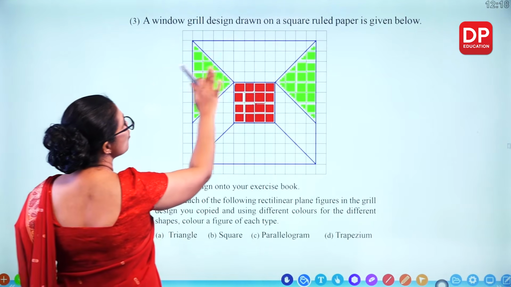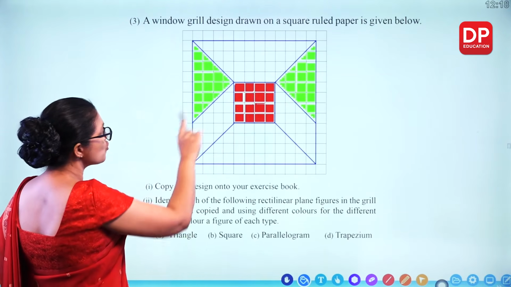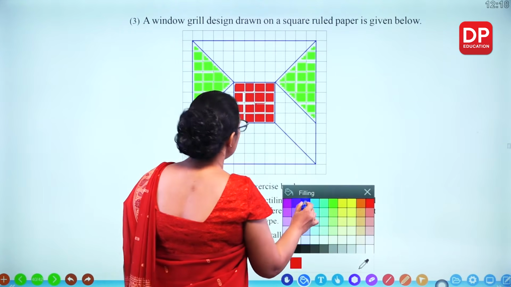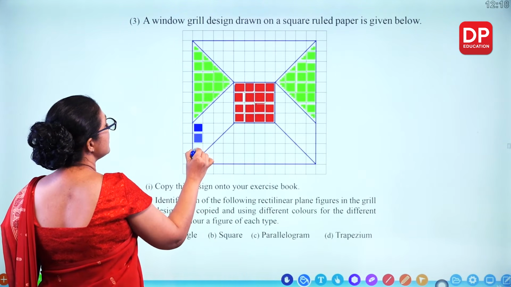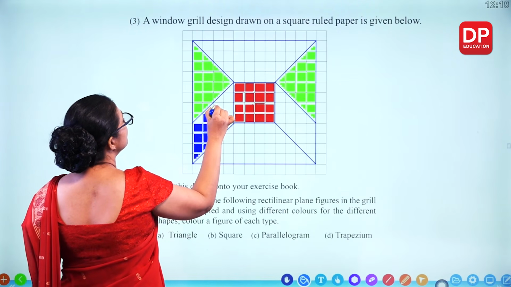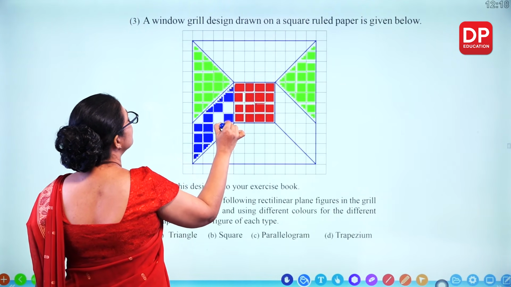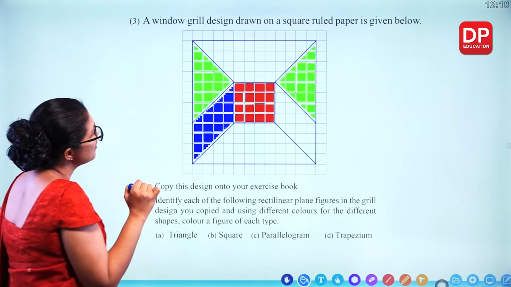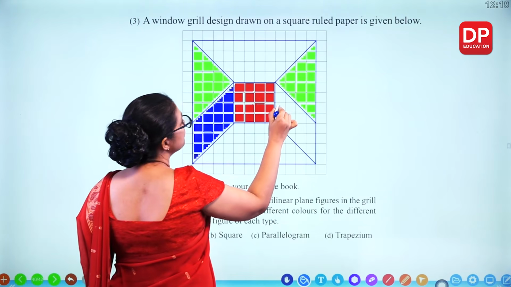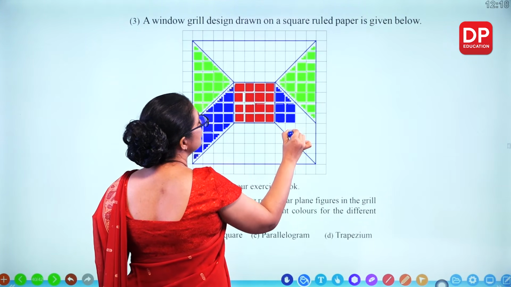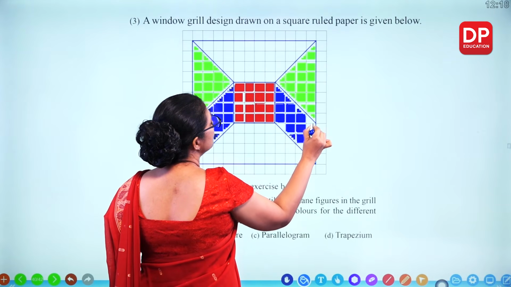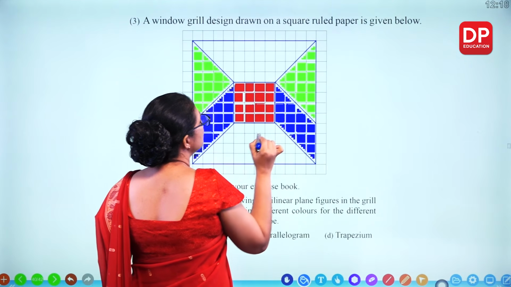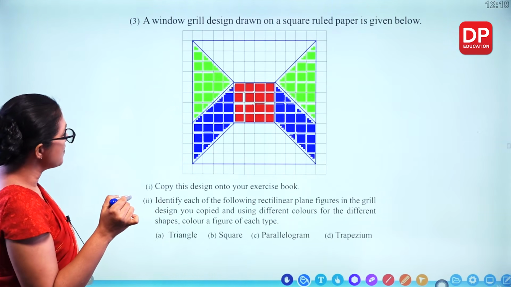I want to show you triangles, square, and parallelogram. Parallelogram, I can use blue color here. This is a parallelogram. So this is a parallelogram. Another parallelogram here. These are two parallelograms.